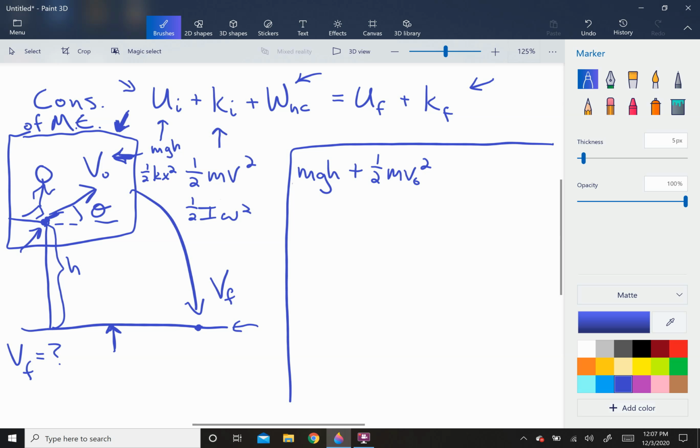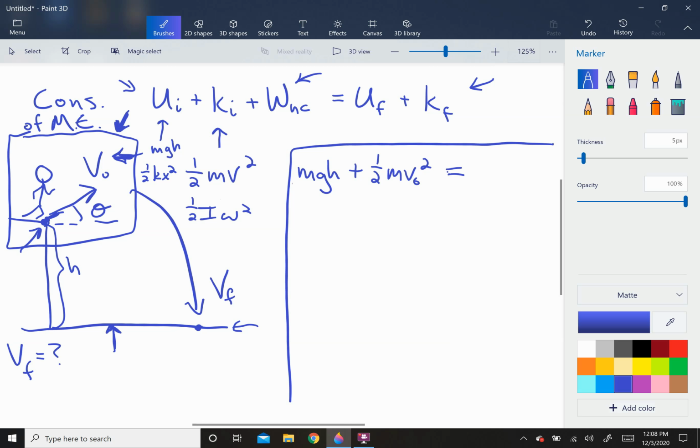I don't have those in this because I'm not considering those. My approximation is that there is no air drag. Obviously he's flying through the air. There's nothing for him to rub against for the kind of friction that we've looked at for blocks sliding down ramps. So I'm not concerned with that either. By the approximations of this problem, there is no non-conservative work being done.